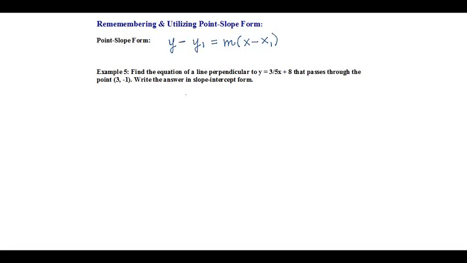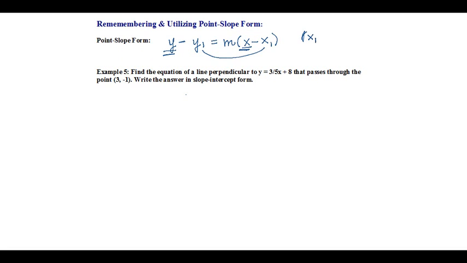The next thing we're going to look at is utilizing that point slope form. We're going to use this a lot in writing equations of our lines, and something to notice is that this y and my x are always staying there. Those are the x and y in our linear equation. My y1 and x1 are coming from the ordered pair that is given.